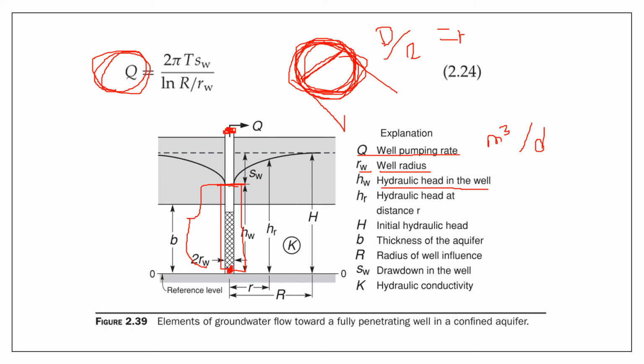Another parameter is the hydraulic head at a distance r. So you just pick an arbitrary distance. Measure from the bottom of the aquifer and look at how much water column is existing above that point. That's your hydraulic head.